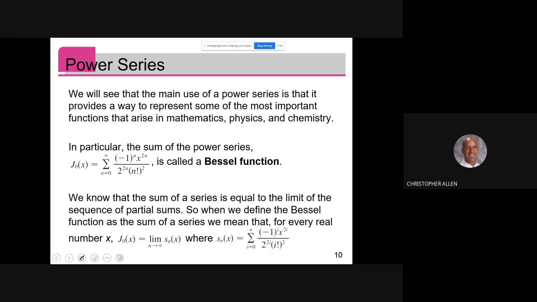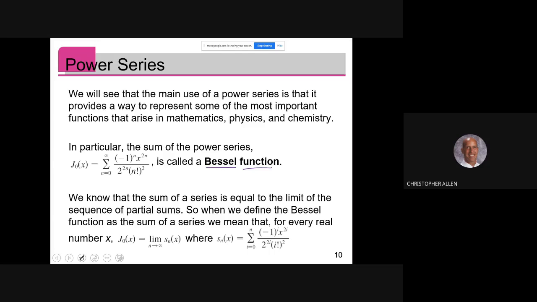We will see that the main use of a power series is that it provides a way for us to represent some important functions that arise in mathematics. I want to mention one here. I don't know that you guys will be familiar with it. It's called the Bessel function.